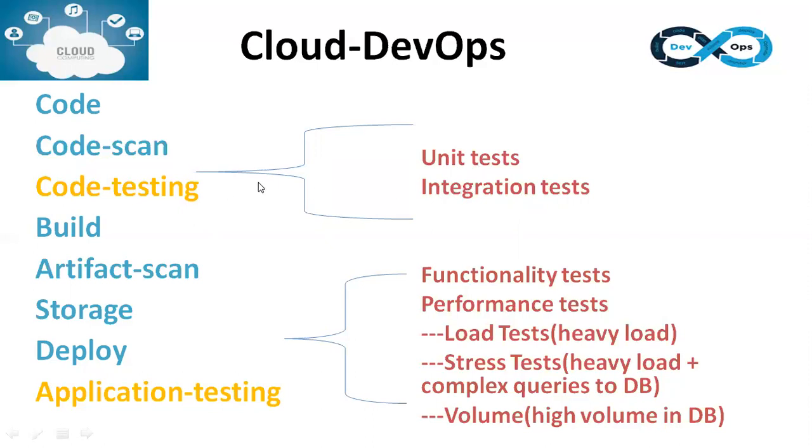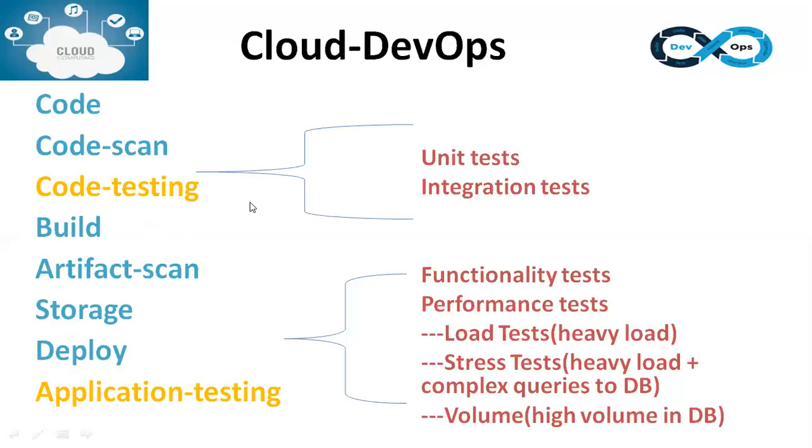When you do mvn package, these two things are covered as part of that. So as part of the build process, code testing will happen. Code scan also happens using SonarQube, not with the Maven build, but code testing like unit testing and integration testing can be covered during the build section.